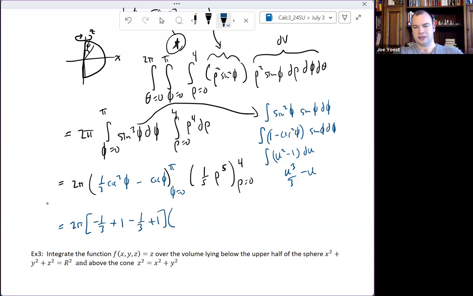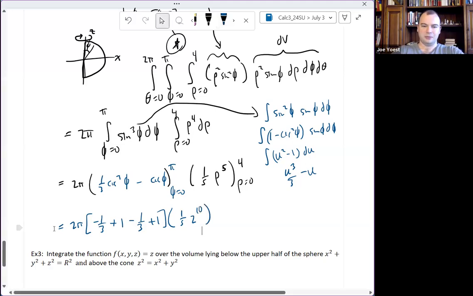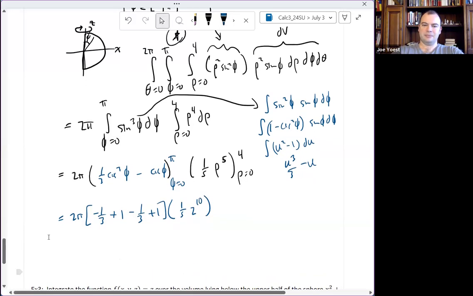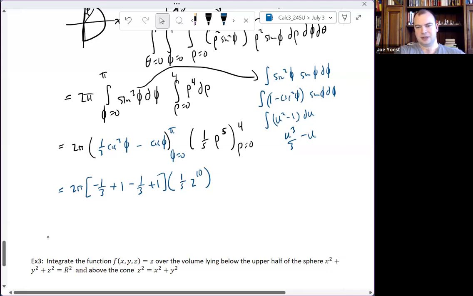And then over here I get times 1/5. 4 to the 5th is 2 to the 10th. I'll write it that way so I can combine it with the other 2 in front. And then, of course, minus 0. So I get 2 to the 11th pi over 5.